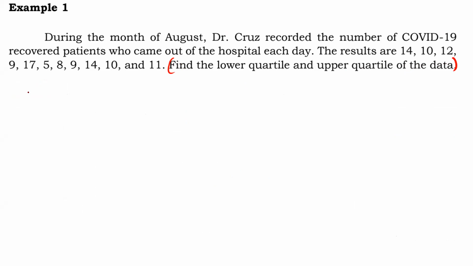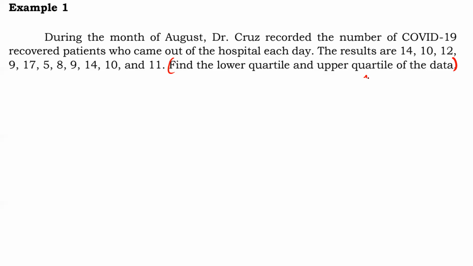So, pag hinanap natin yung median, of course, yung unang gagawin natin, we have to first arrange. We have 14, 10, 12, 9, 17, 5, 8, 9, 14, 10, 11. So, ano po yung magiging arrangement nito?